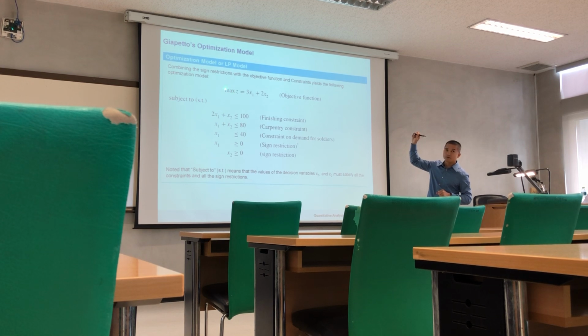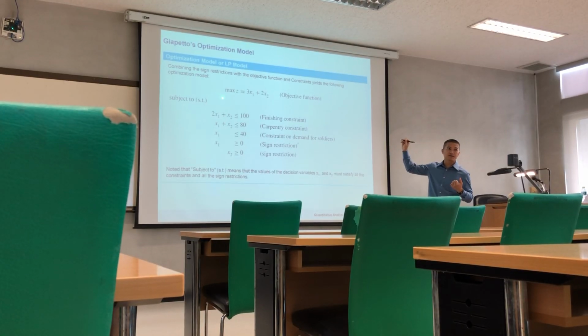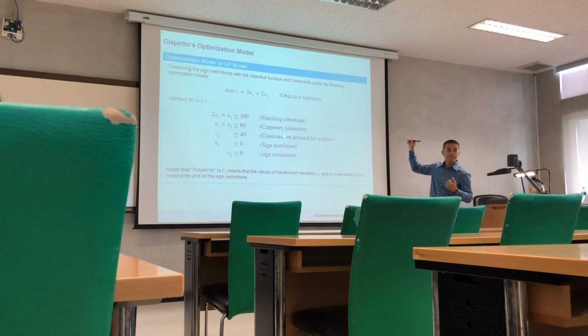What do you want to do? You want to maximize or minimize? You can minimize if you want to minimize cost, right? Then you change to min. Since you want to maximize the profit, this is a maximization problem. You also must have subject to some constraints, and the sign restriction you also must have.